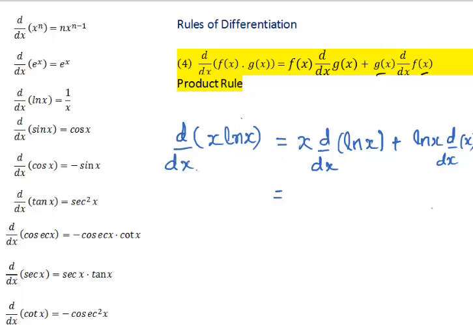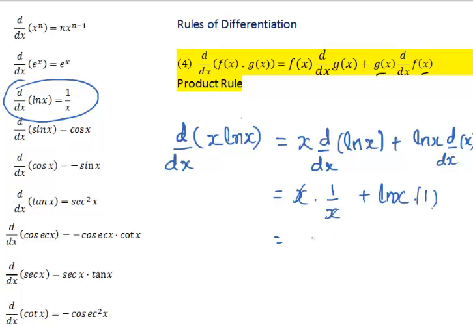Now d by dx of ln x, you can apply this formula here. So it will become x into differentiation of ln x, which is 1 by x, plus ln x into differentiation of x, which we know is 1. So the answer would become, x will cancel out and you will have 1 plus ln x.